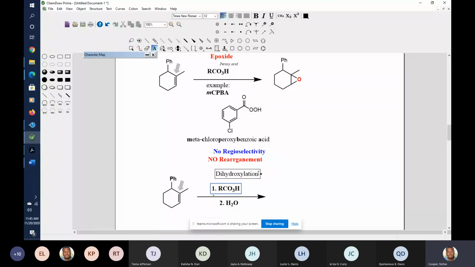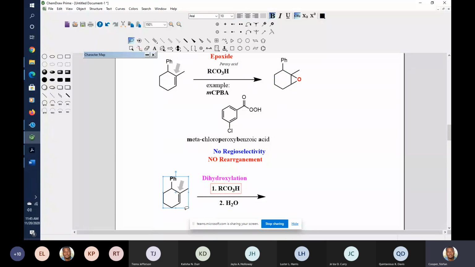I wanted to cover this because we just did the main version of it with osmium tetroxide. Whenever I make an epoxide first and then react this epoxide with water, you guys should recognize that these three-member rings are reactive, right? They are reactive because of ring strain. These compounds are looking to open. So if you just take this thing and stir it in water, water is going to open this up.